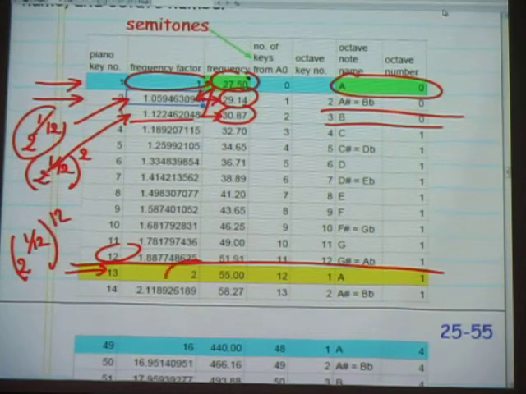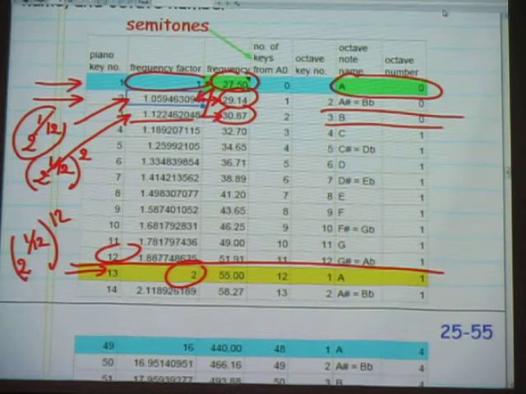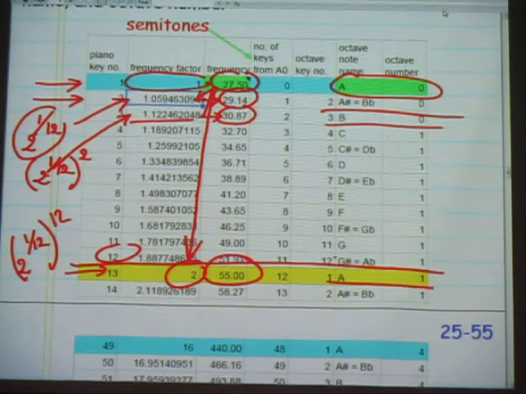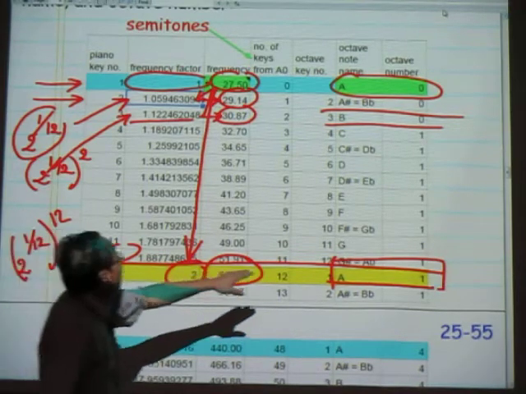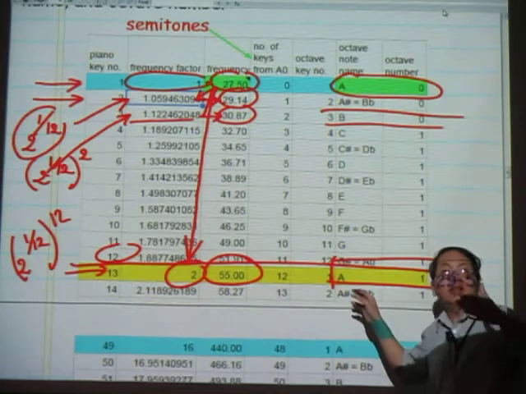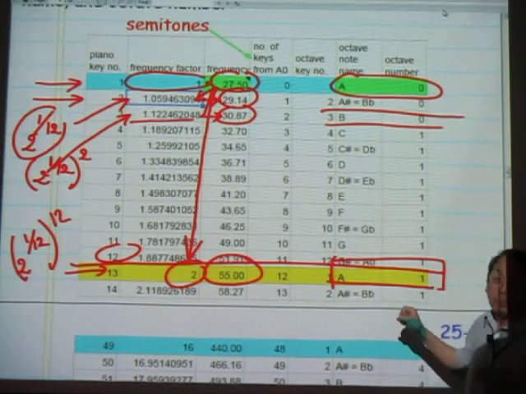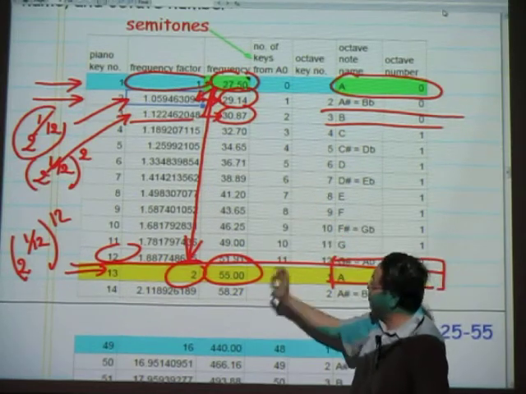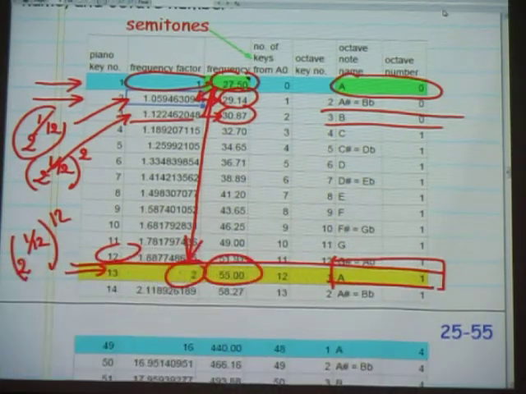That's exactly equal to 2. So that's 2 times, because when you take the frequency 27.5 multiplied by 2, you get 55. And 55 is the frequency for the note A1, which is one octave above A0. It has double the frequency.